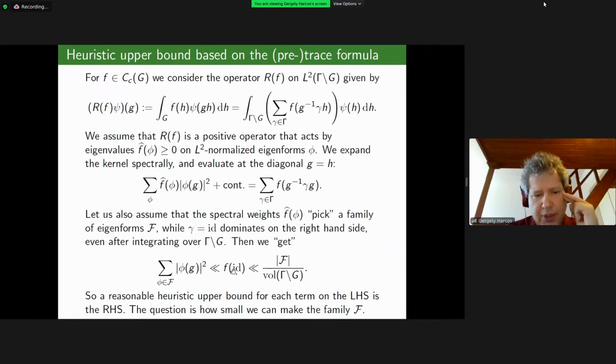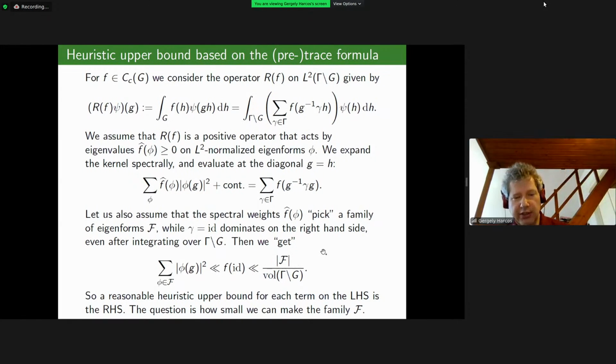And then we get, with quotation marks, that the sum of absolute squares of phi of g over the family, so that's the original left-hand side in the pre-trace formula, is like f of the identity element. Note that for gamma being the identity element, the corresponding value is just f at the identity element. And from the integrated version, we expect that this is like the size of the family over the volume.